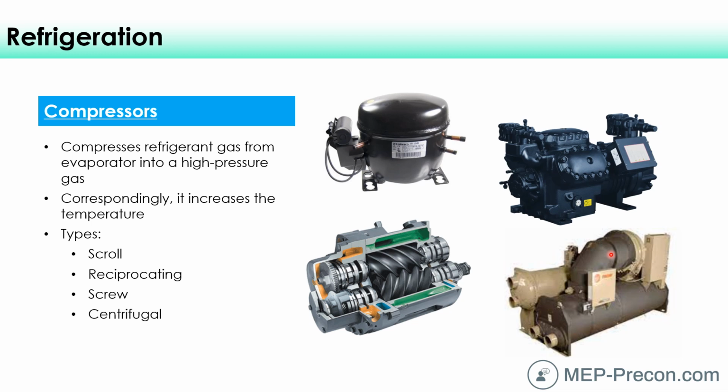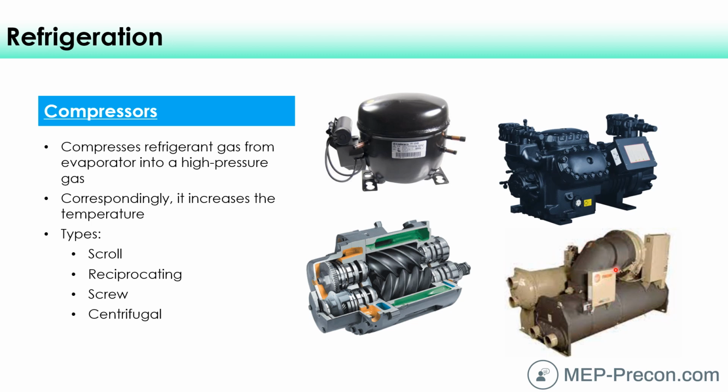And if you have watched our HVAC basics video, or if you haven't, I encourage you to, we talk about the definition of a centrifugal pump or a fan, meaning that the fluid comes in and goes out 90 degrees from each other. So a centrifugal fan or a centrifugal pump has the air or water coming in and going out at 90 degrees from each other. So same thing here with this refrigerant.